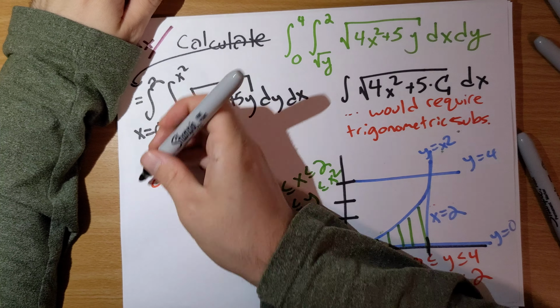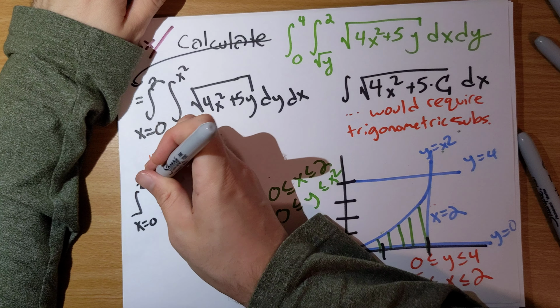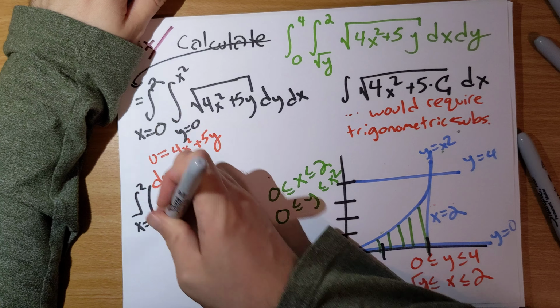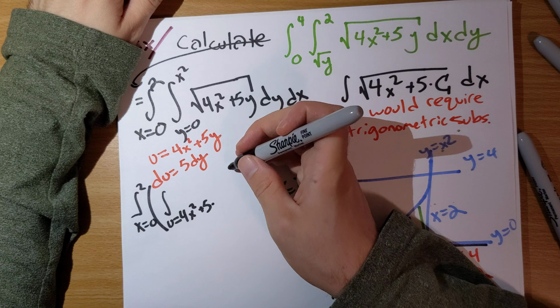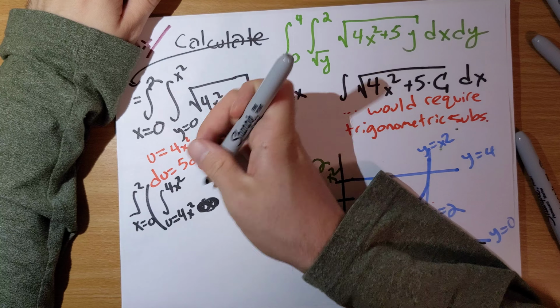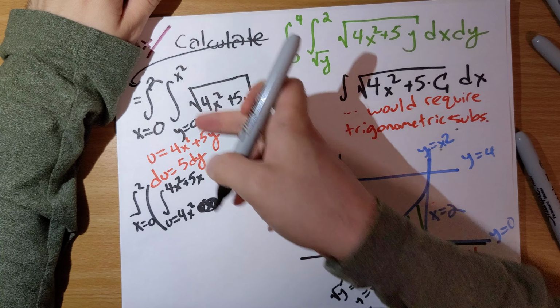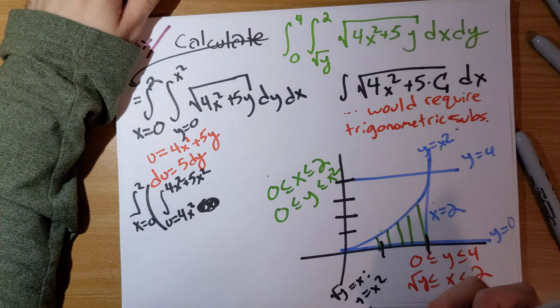And so we would have the integral x from 0 to 2 of the integral u runs from 4x squared plus 5 times 0, so that's just 4x squared, to 4x squared plus 5 times y, and y is x squared here, so 4x squared plus 5x squared there. And then this is just u raised to the 1/2 power du dx.